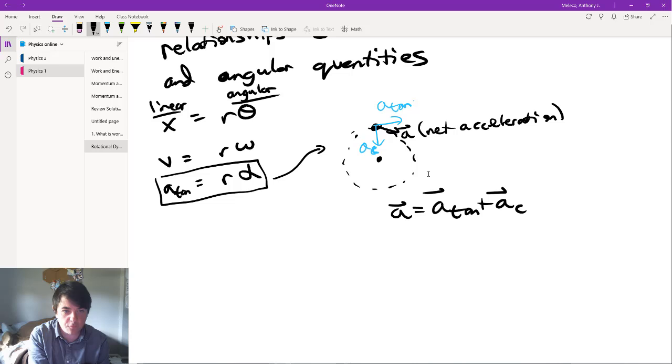And you can also have one other equation here. I'm going to write it to keep the same structure.